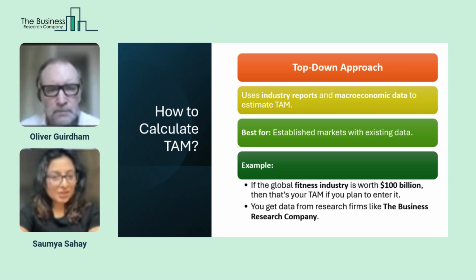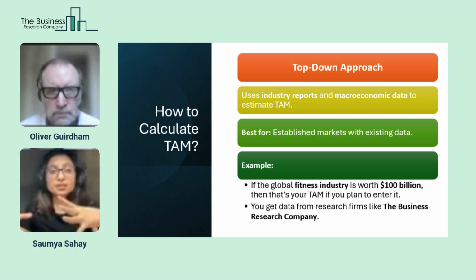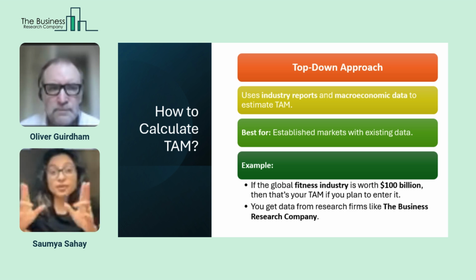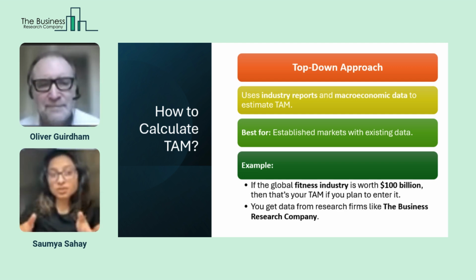All right. Adding to that, there's one example that we can cover to understand the top-down approach easier, which is the fitness industry example. This is one of my favorite examples because it's very easy for us to understand post-COVID. The global fitness industry is worth somewhere around more than $100 billion. But if you're just selling home gym equipment, then this is not your target market.